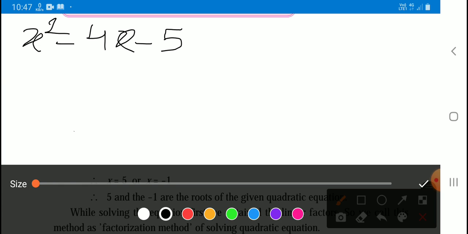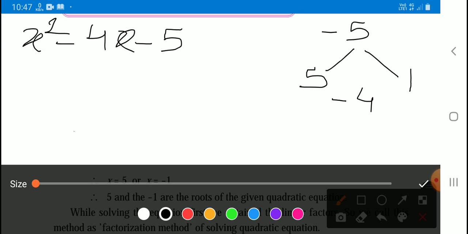Now look here, the coefficient of x square is 1. So we have to factorize negative 5 such that the sum comes to negative 4. So 5 ones are 5.